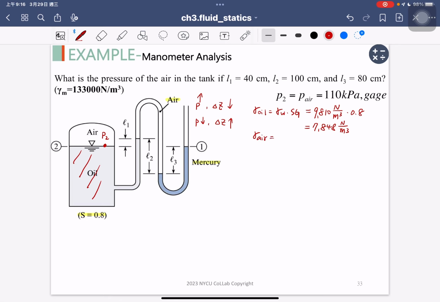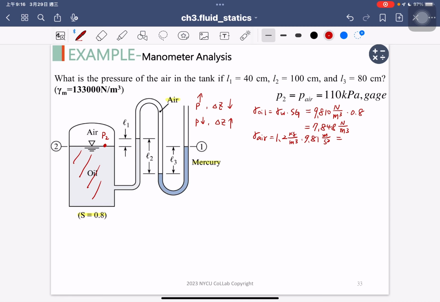If we forgot how large gamma air is, we remember the density of air is around 1.2 kilograms per meter cubed, and we can multiply by the gravity constant 9.81 meters per second squared to compute gamma for air.